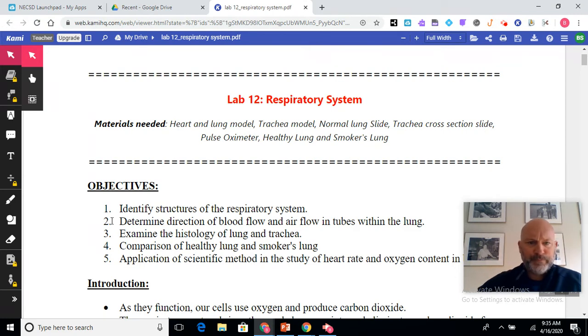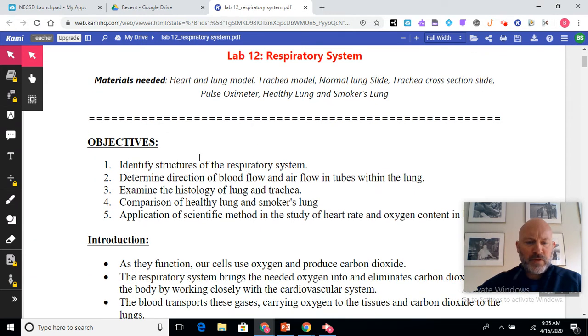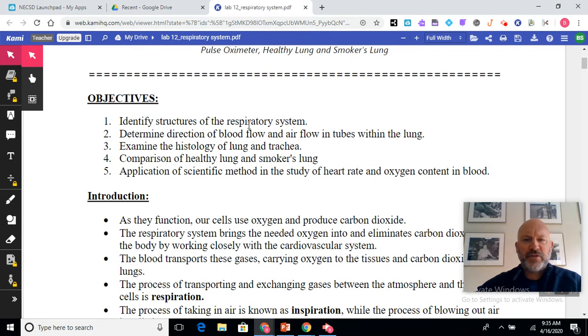Let's begin. The respiratory system lab is going to include identifying the structures, determining the direction of blood flow and air flow through the tubes of the lungs, and examining histology. Histology is the study of tissues that we're going to see.